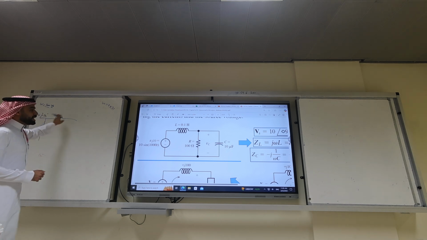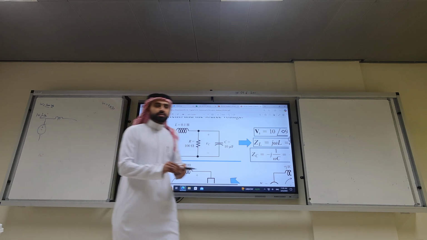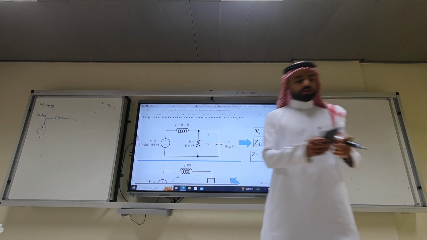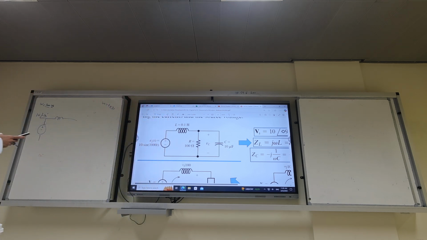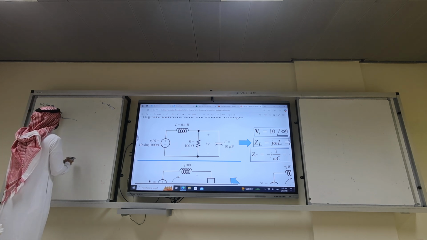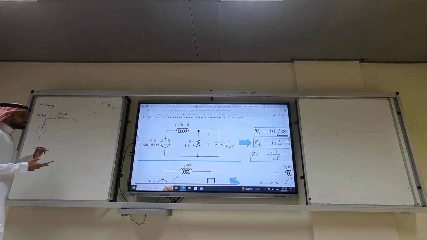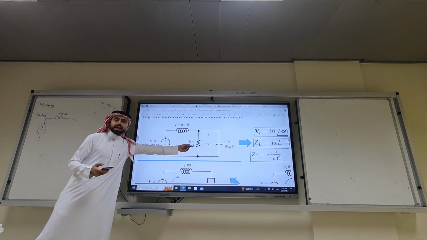Now let's convert the impedance. It's 0.1, convert it. All use the calculator. It's going to be 0.1 times 1000 times j. It's 100j ohms, right? The resistor, we keep it as it is, right?